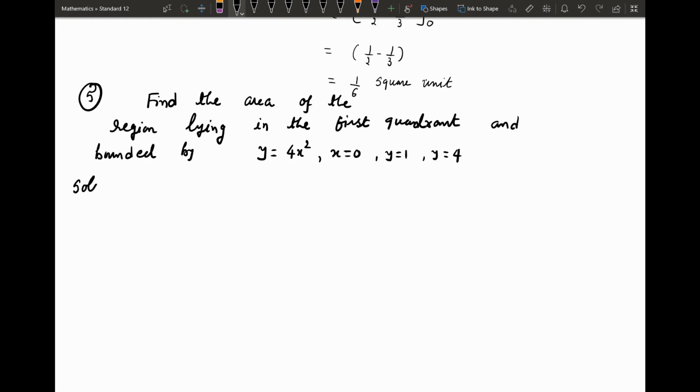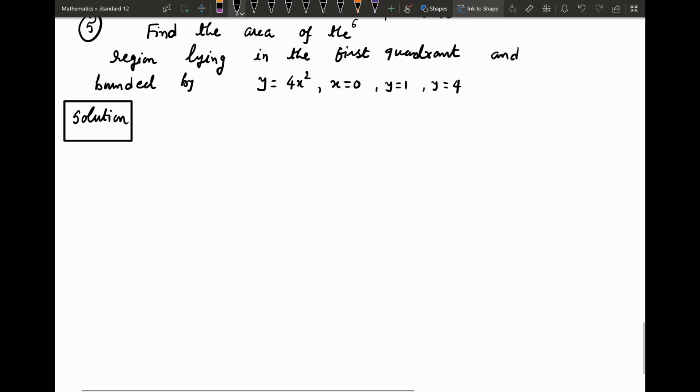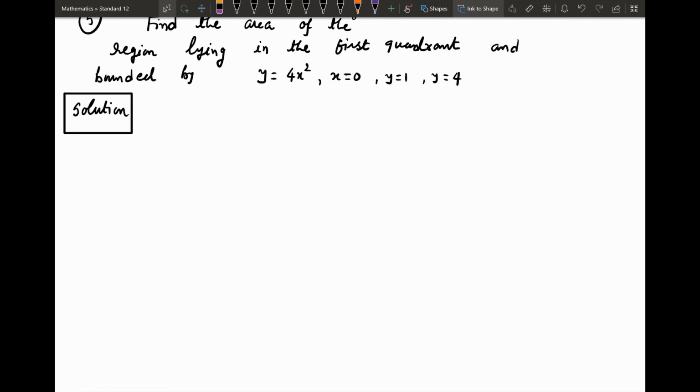So let us discuss the solution. Now y equal to 4x square, x square is positive, so y is positive. So the parabola lies in the first and second quadrant, in which y is positive.